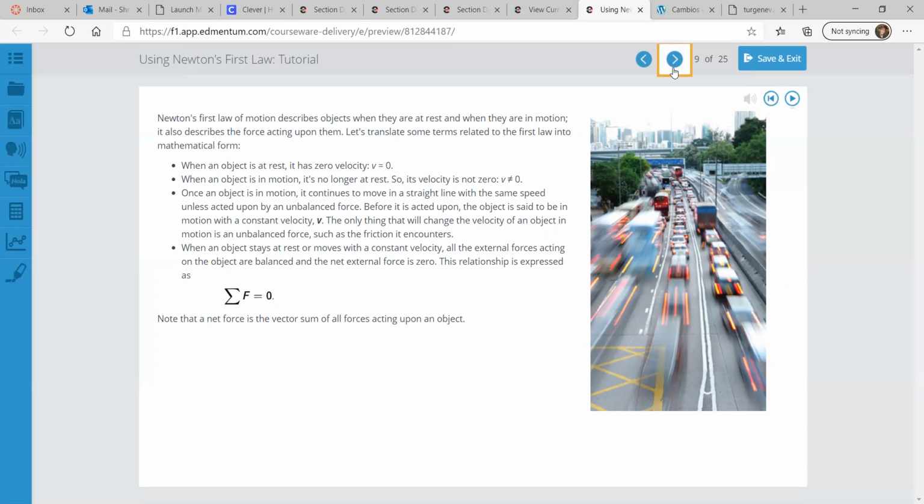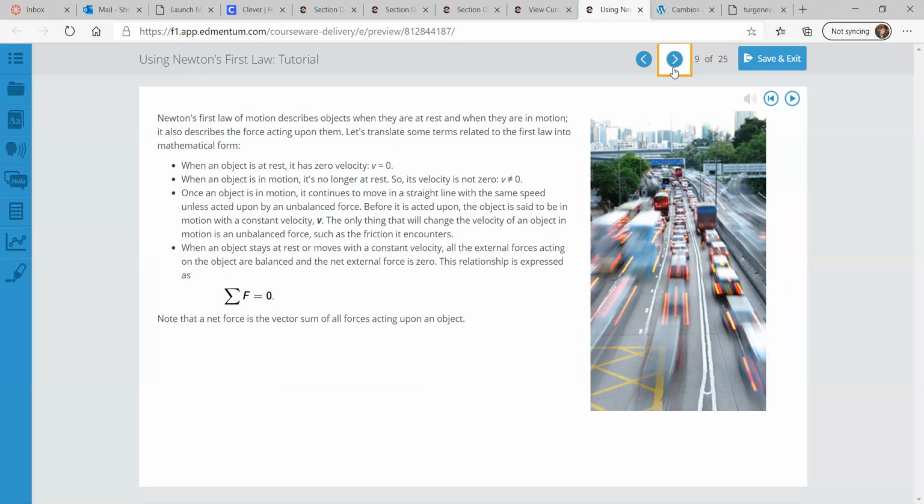Once that object is in motion, it continues to move in a straight line with the same speed unless acted upon by an unbalanced force. Before it is acted upon, the object is said to be in motion with a constant velocity, v. The only thing that will change the velocity of an object in motion is an unbalanced force, such as the friction it encounters.